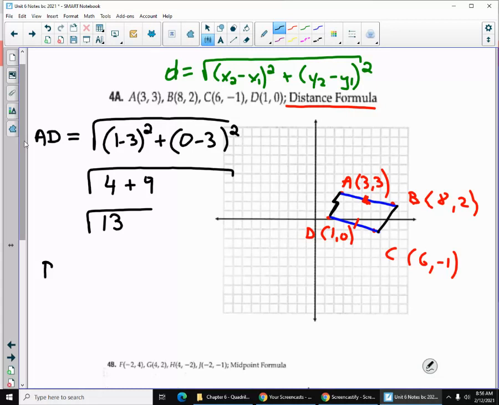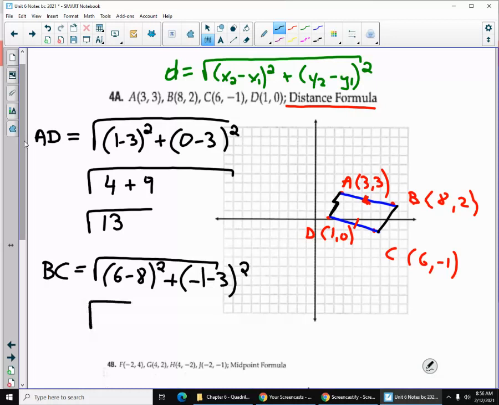So BC, I will have (6 minus 8) squared plus (negative 1 minus 3) squared. 6 minus 8 is negative 2. Negative 2 times negative 2 is 4. Negative 1 minus 3.